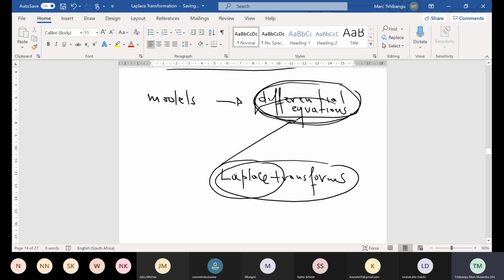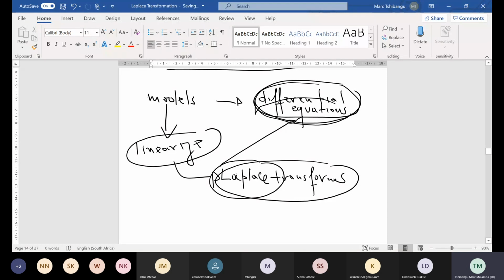So if you happen to have a non-linear system, it is important for you to linearize your system before you could use Laplace transforms. Laplace transforms only apply to linear systems. So you get your models, you linearize your models, then you can apply the Laplace transform to solve the differential equations.